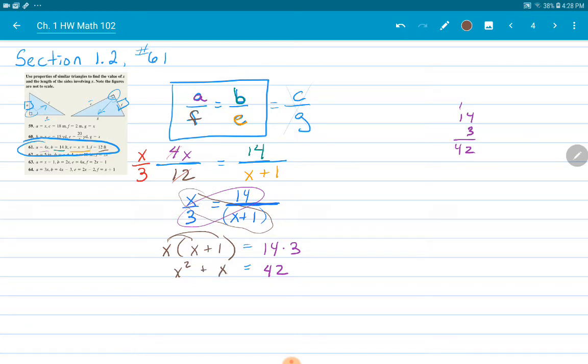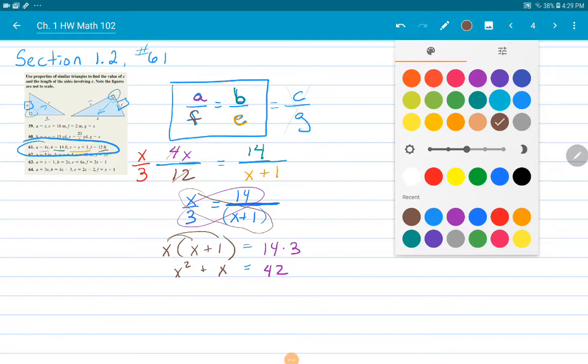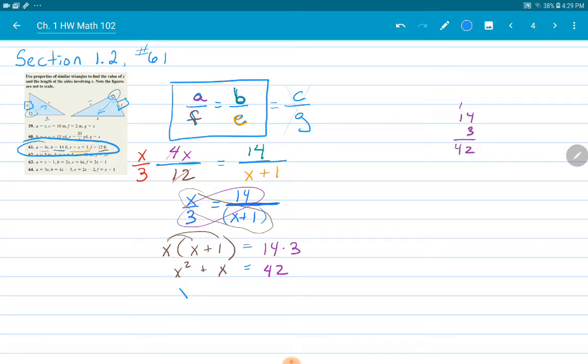So now I have an equation with a quadratic in it. To solve an equation with a quadratic, I need to set it equal to 0. I'm going to get a blue pen and say, so to set that equal to 0, I will subtract 42 from both sides.